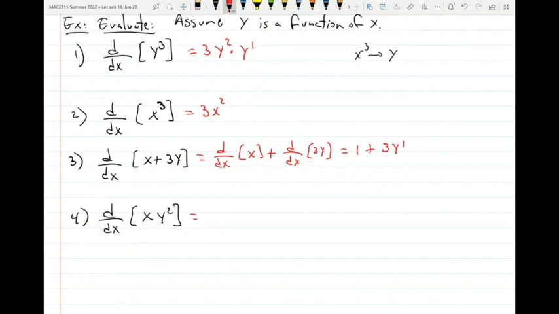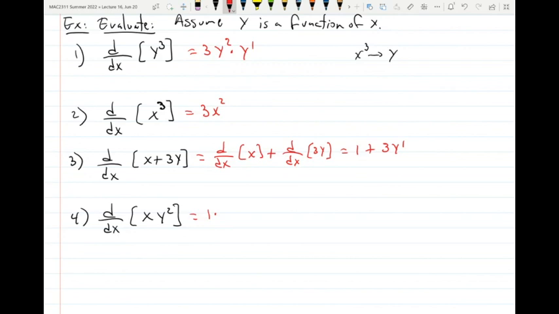What do we do here? Now here we use the product rule. Why? Because we have a product of 2 functions, right? This is the function x times the function y squared, whatever that is. So here we need to use the product rule. Who can tell me what the answer would be? 1 times 2y?